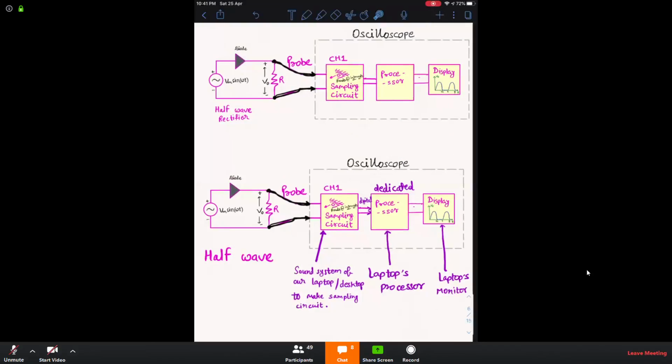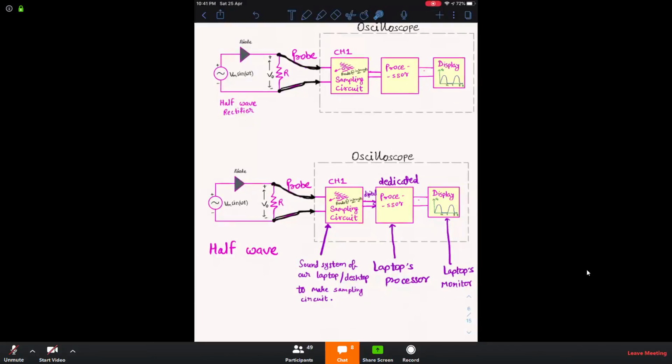Tomorrow we will discuss how we will build it. But today, I would like to do a hands-on session on this oscilloscope, because we have already learned how we are going to make it.